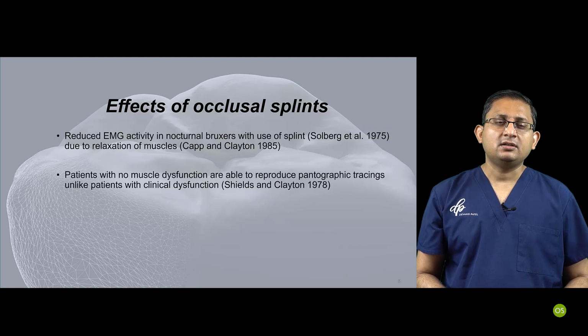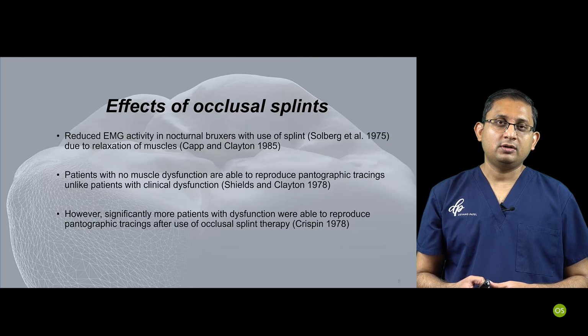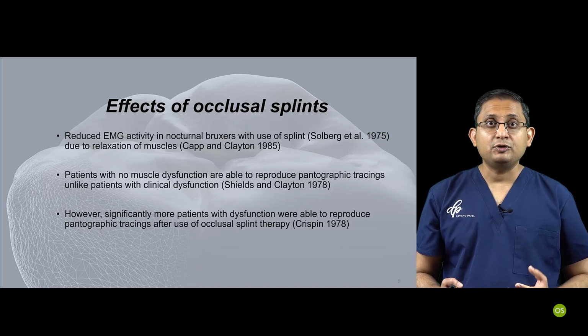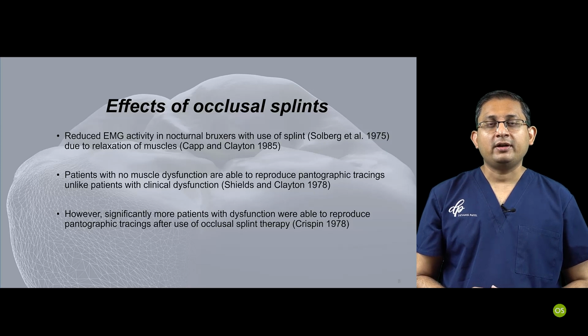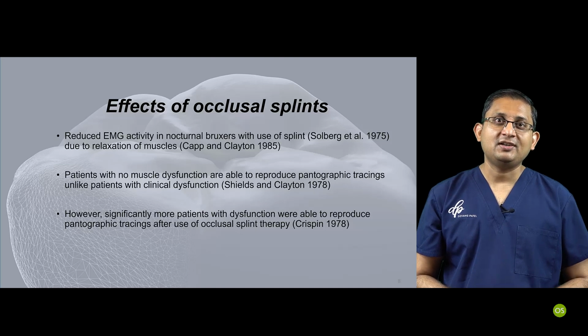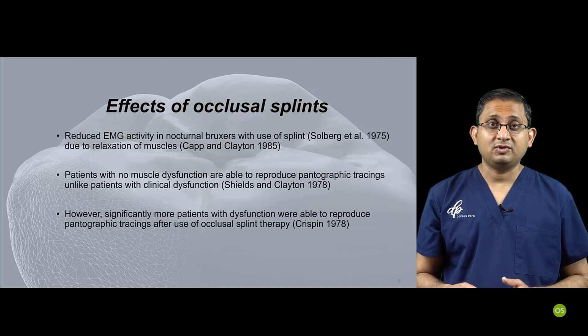And the studies done show that people who were assessed using pantographic tracings, where, if you want to do a full mouth restoration, we do pantographic tracing for mounting the model on a fully adjustable articulator, we saw that it was easier to do pantographic tracing on people who were non-bruxers, okay?